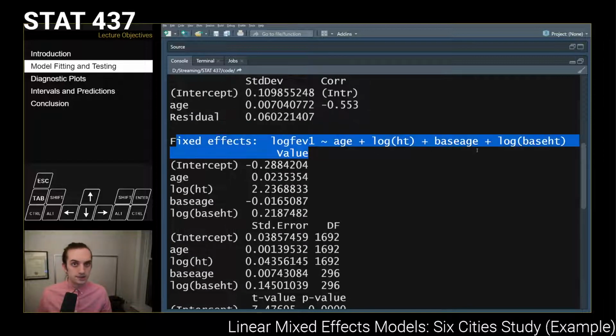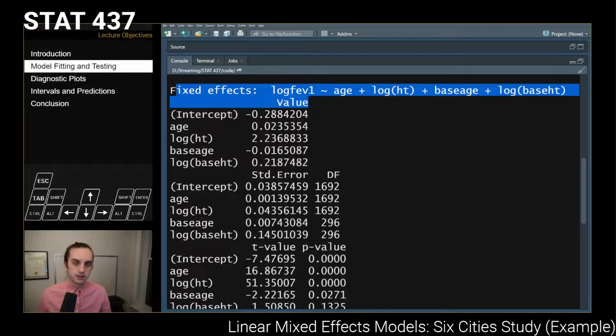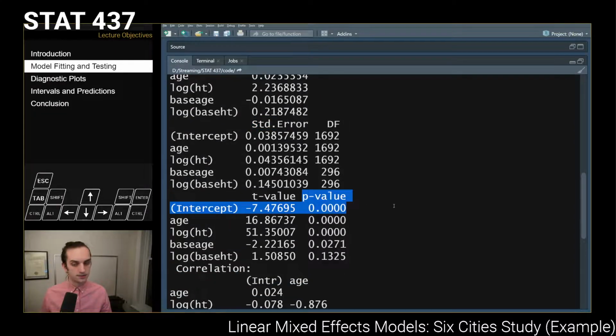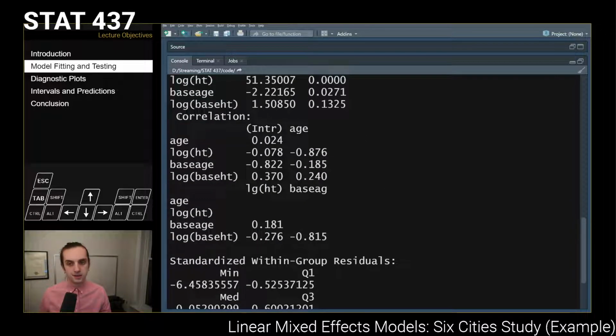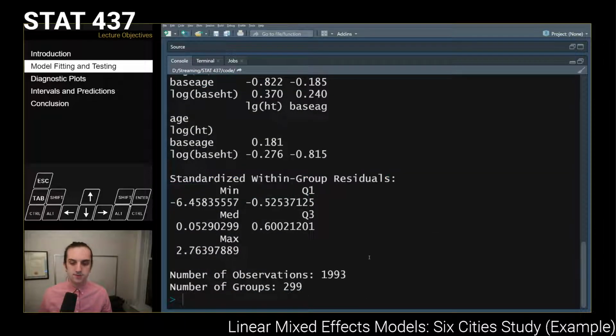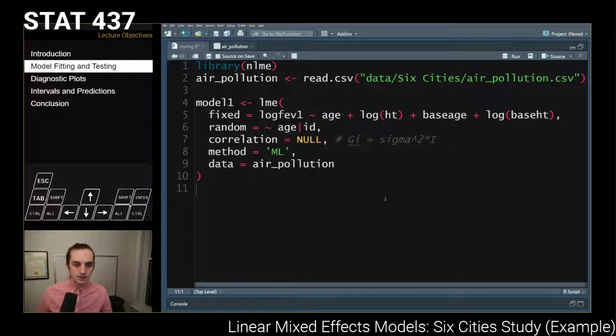Then we have our fixed effects terms, right, which just look like a regression coefficient table. So there's the value, the standard error, test of significance, right? And then we have additional bits about our correlations and our residuals, the overall model fit, right? And so that's going to be sort of the standard output that you're used to looking at.